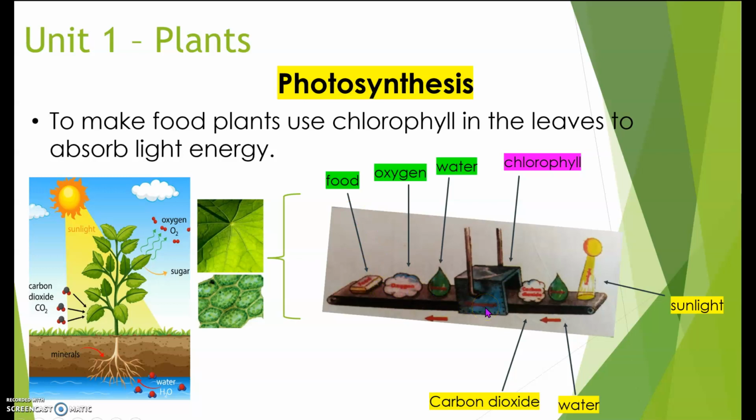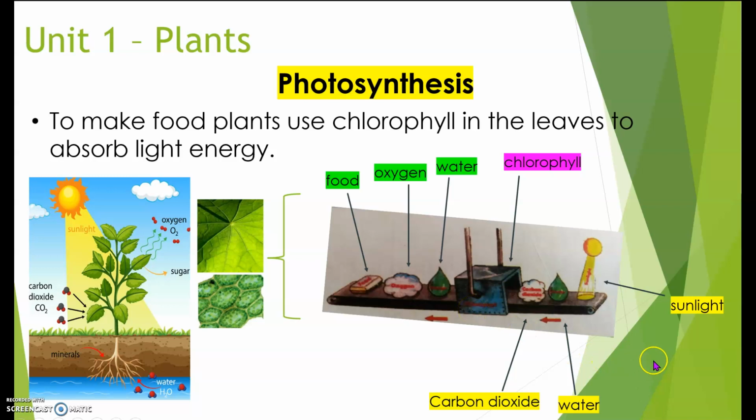So photosynthesis is a process by which plants, or the leaves, use sunlight to synthesize food, or new things, from carbon dioxide and water. Of course, with the use of chlorophyll.